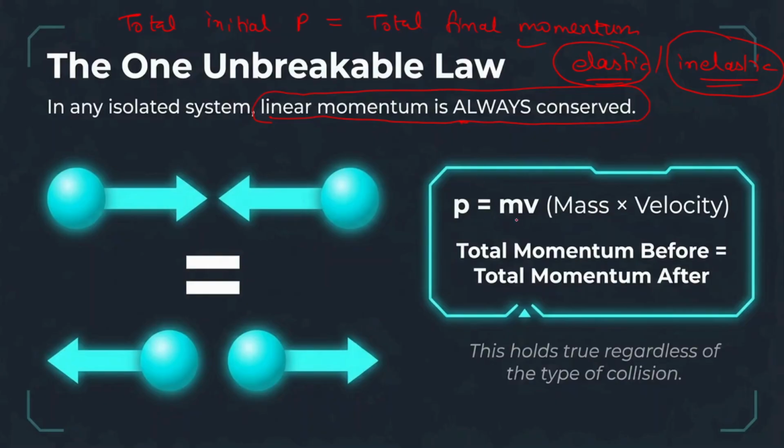And we know the formula of momentum is mass into velocity. This holds true regardless of the type of collision. So even if energy changes, it may be that energy is not constant in some processes, but momentum can still remain conserved. This distinction between momentum and energy, let's understand in detail next.